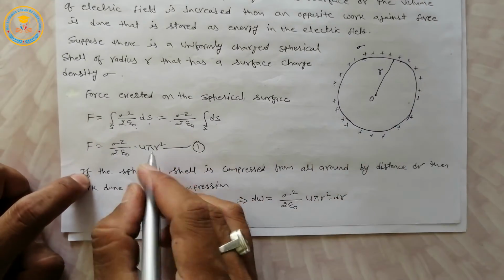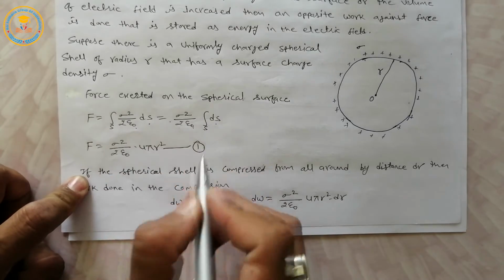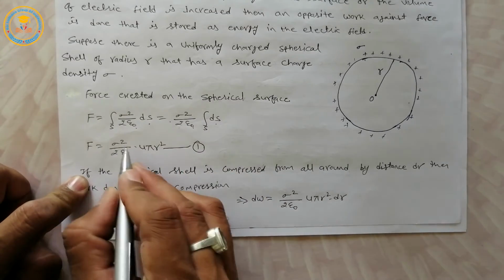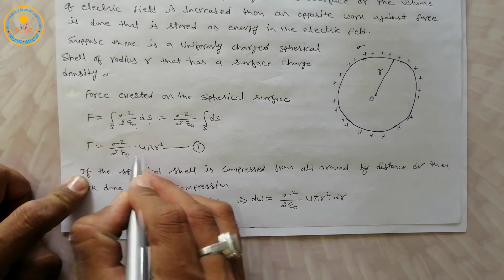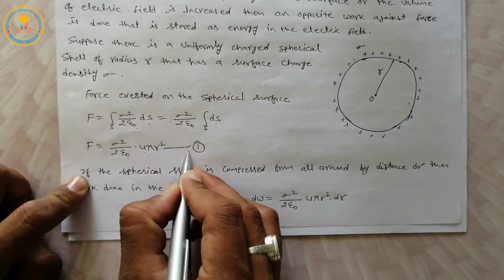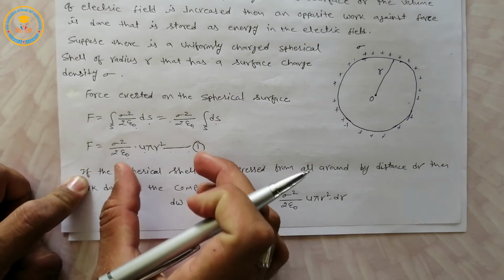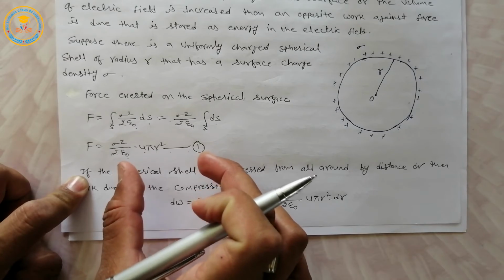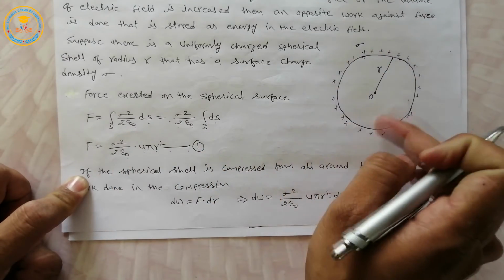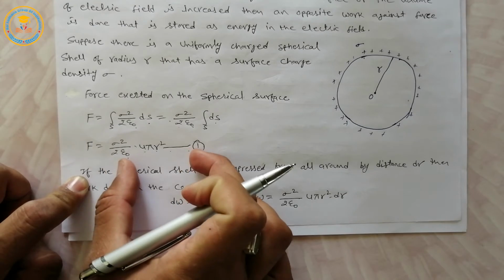So we put the value of surface area in this equation. Then F is equal to sigma square upon 2 epsilon naught times 4 pi r square. This is the force which is exerted on this spherical surface. This is equation number 1.